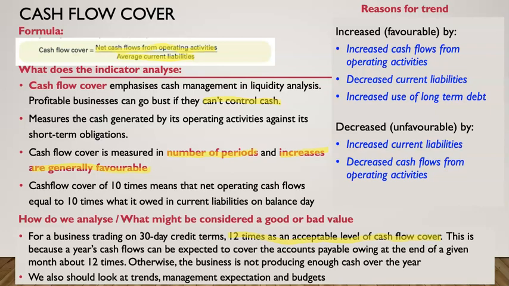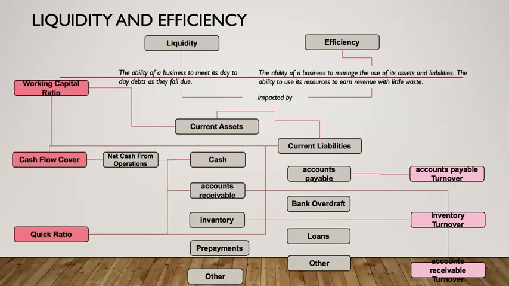So finally, when we're thinking about liquidity, we look at efficiency. We understand that liquidity is the ability of a business to meet its day-to-day debts as they fall due. And we understand that we now have 3 indicators: working capital ratio, cash flow cover, and quick ratio to analyse this.